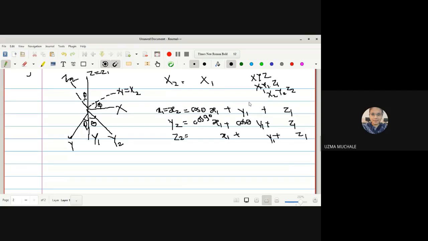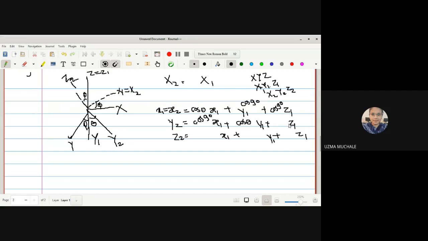So what is the angle between x1 and y1? 90. Cos 90. You are telling the 90 degree angle correctly. Now what is the angle between z1 and x1? Again it is 90 degrees. So it is cos 90.